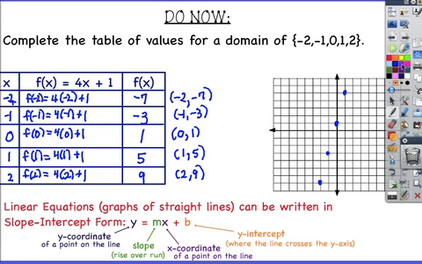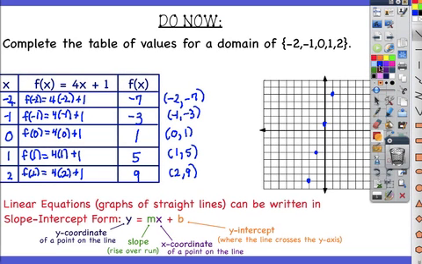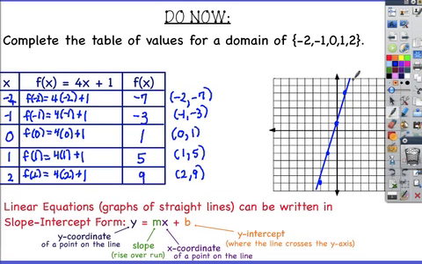Now we can connect these with a straight edge, so use a ruler to connect those dots. And draw arrows on either end to show that this line does go on forever in both directions.